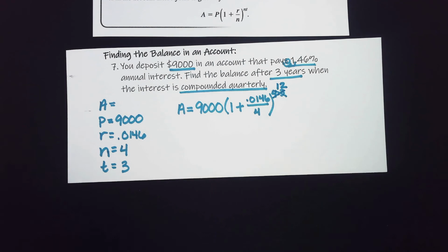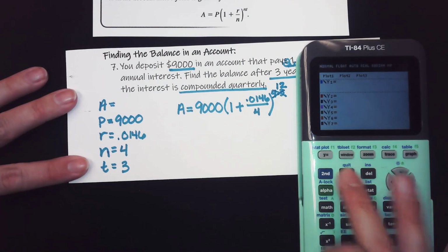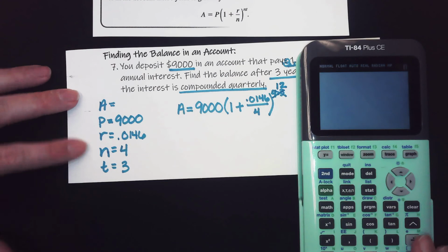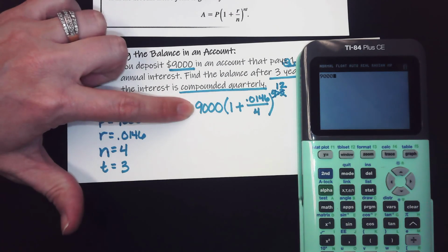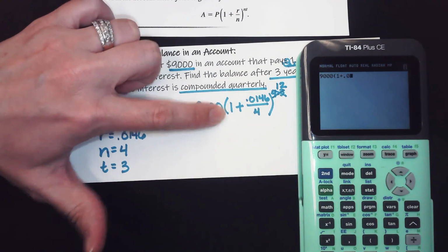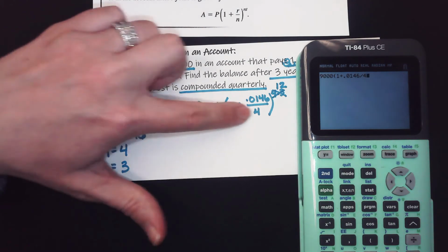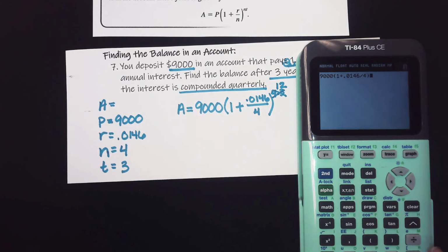And I'm just going to take my calculator. I'm going to go to my main screen here. And I'm going to type it in. 9,000 parenthesis 1 plus 0.0146 divided by 4. End parenthesis, and it's to the power of 12. Enter.